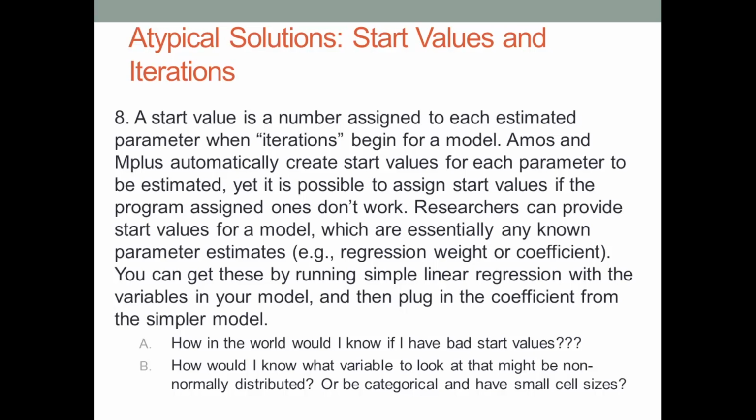But if you tried everything else, you could run a regression with your data in a regular program, get those estimates, and then plug those in as start values. Chances are those are going to be closer to the actual values in your model than whatever the default is, say 0 in Mplus or Amos. So that may be one thing that you can do.